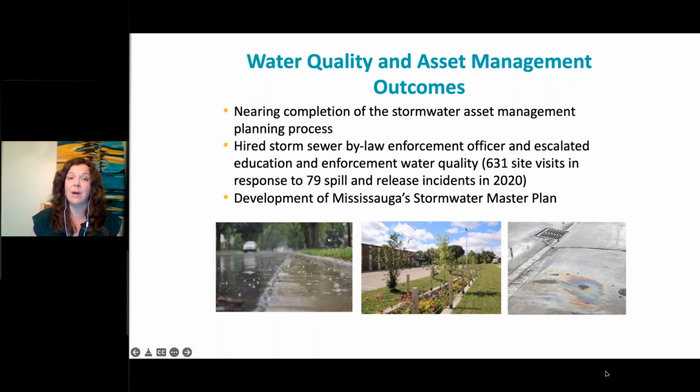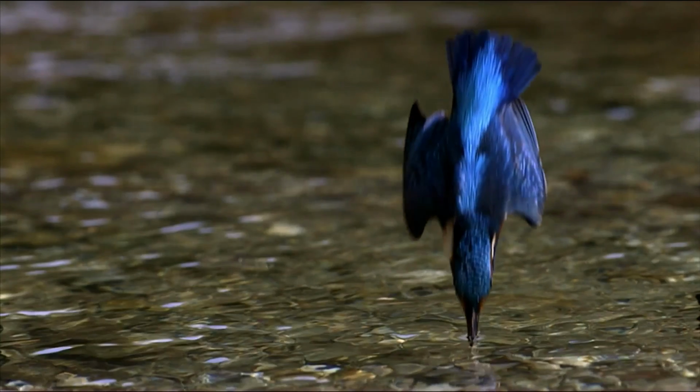Mississauga also hired a storm sewer bylaw enforcement officer, who was able to escalate education and enforcement when it came to water quality at industrial properties. And the city is also developing a stormwater master plan as well.